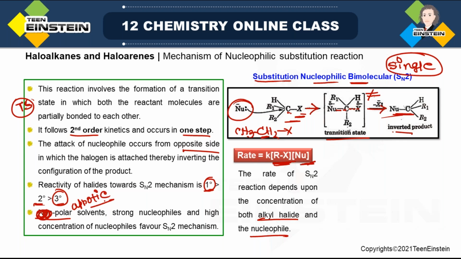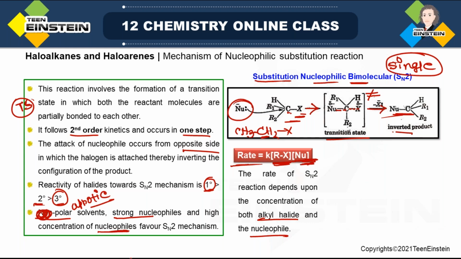So if you take polar aprotic solvent and a strong nucleophile, remember in case of SN1 we mentioned weak nucleophile, but now we are saying strong nucleophile, and the reason is that nucleophile concentration now appears in the rate determining step, and that is why we should take strong nucleophile and high concentration of nucleophile. So if concentration of nucleophile is very high, that means rate will also be very high. So all these conditions will favor the SN2 mechanism.